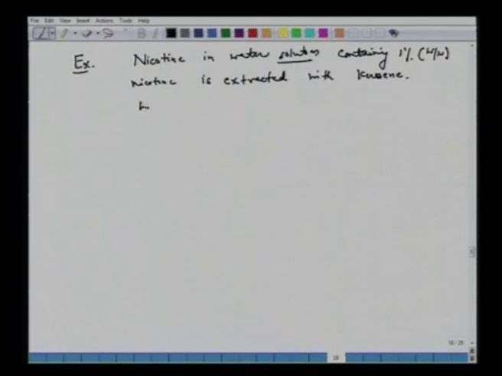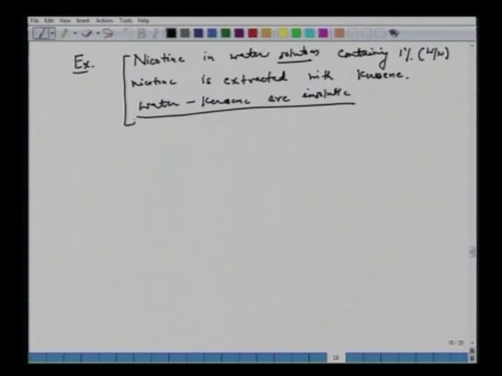And we make a note that water and kerosene are insoluble or considered to be insoluble. So this is an example of the previous section we discussed earlier also. From the statement you can make out nicotine is the C solute, water is A, and the solvent kerosene is B or S. But A and B are insoluble.